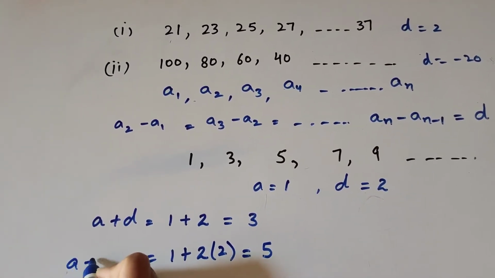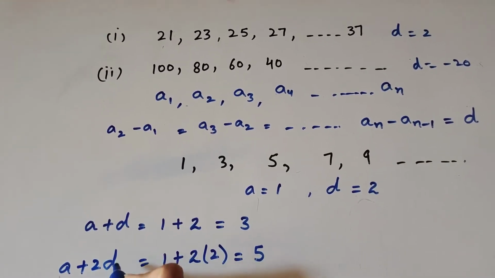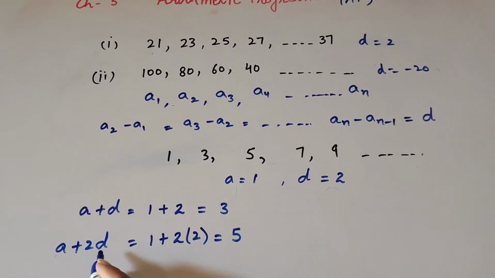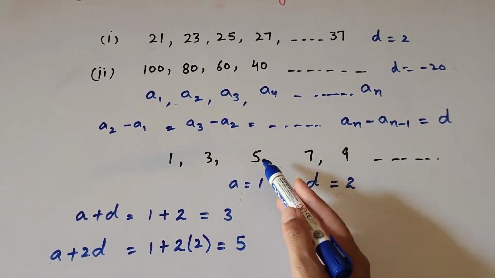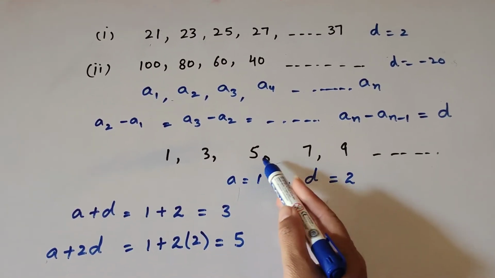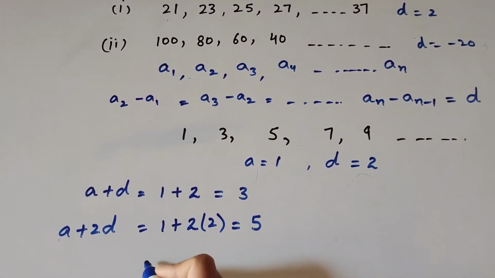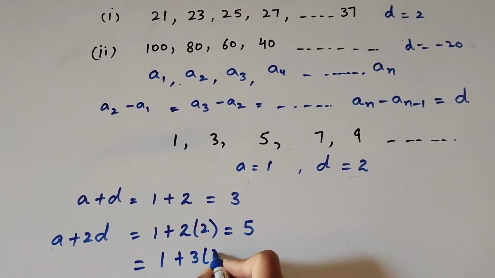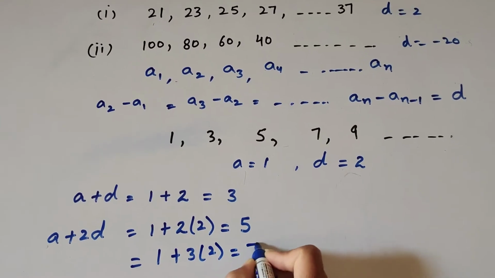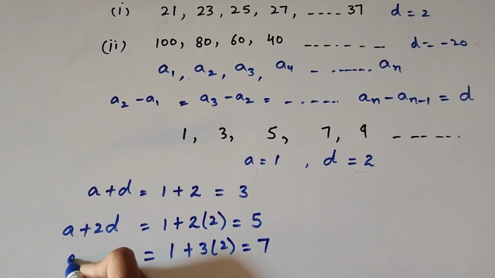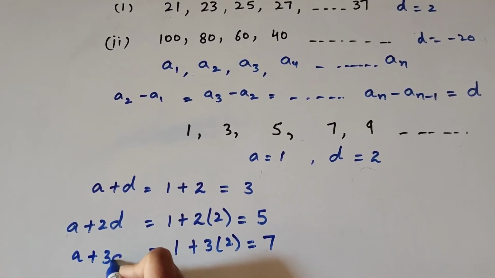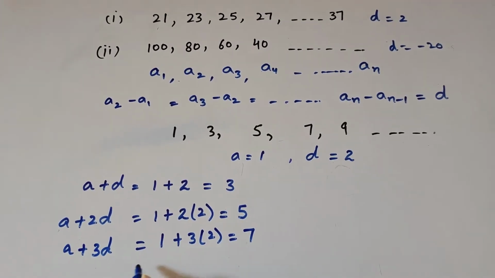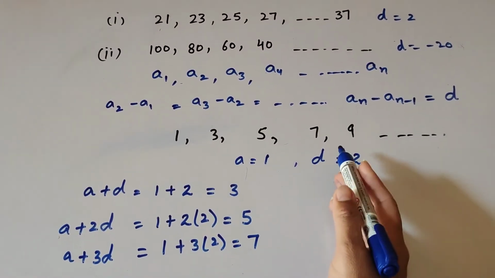We write it as A plus 2D. A is first term, D is difference, and it is equal to the third term. Third term is 5. Now the fourth term is equal to 1 plus 3 into 2. It is equal to 7. And in generalized form, we write it as A plus 3D. This is the fourth term.